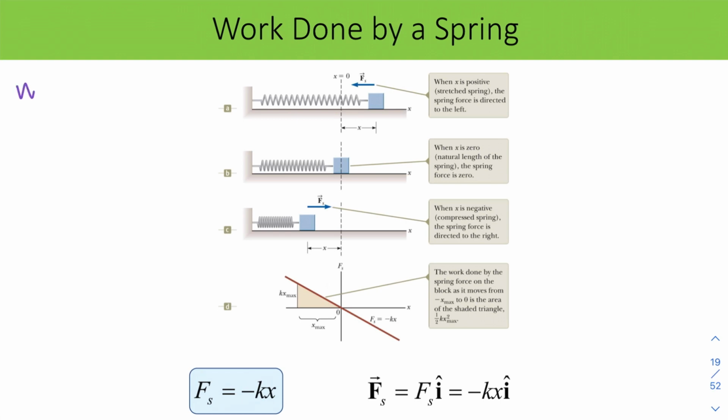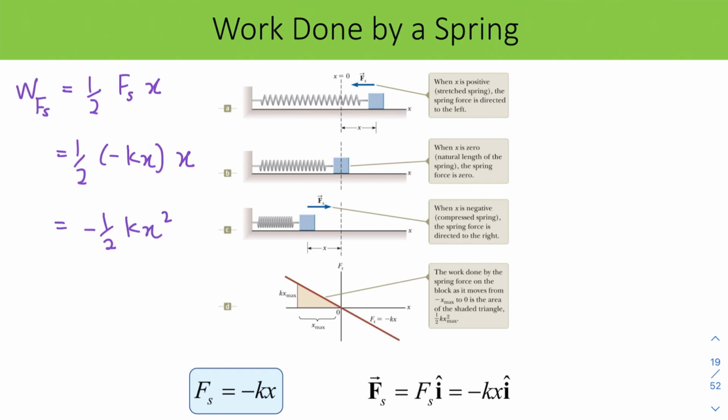So work done by the spring force Fs must be half of Fs itself times x, because it's a triangle. So Fs itself is negative kx times x. So we will have negative half kx squared. Right, so this is the work done by the spring force in a simple way.